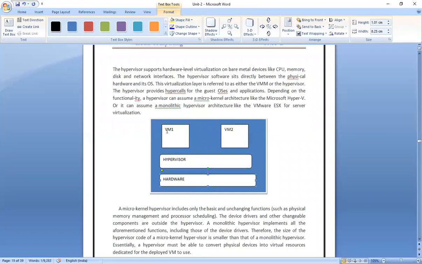Now this virtual machine is known as a guest machine, and our original machine, which is a real machine, is known as a host machine.